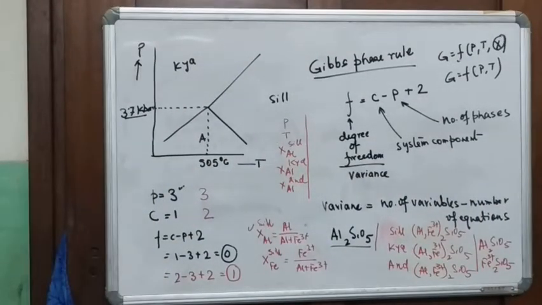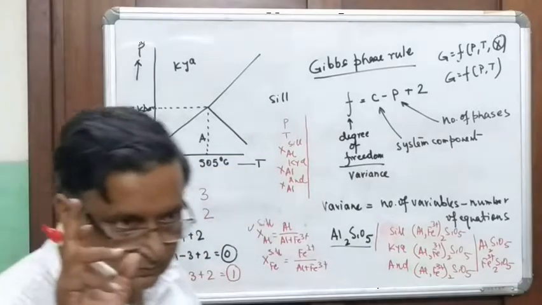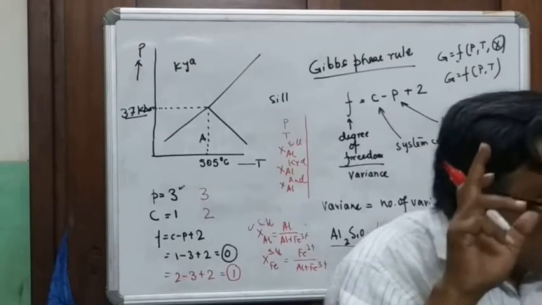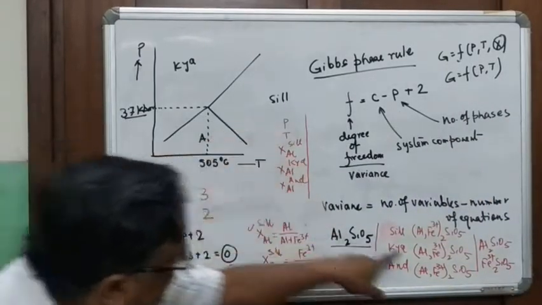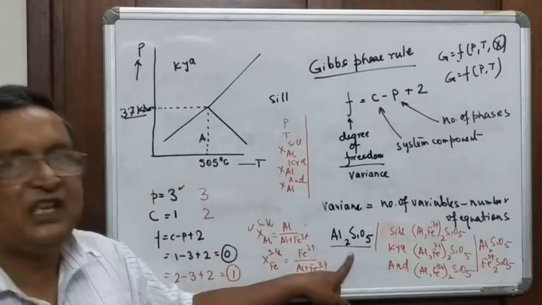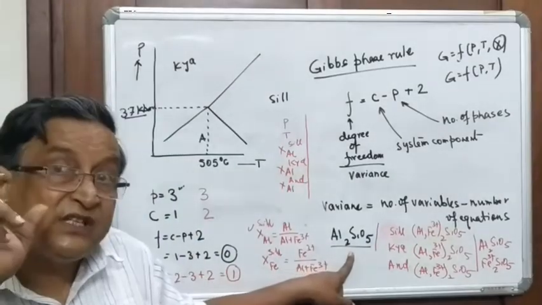Have you understood? It says that you have 5 variables, not 1, not 2, not just pressure and temperature. Yes, pressure and temperature if it was Al2SiO5.